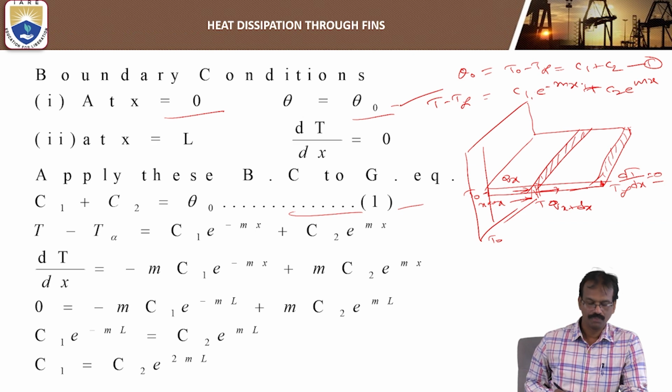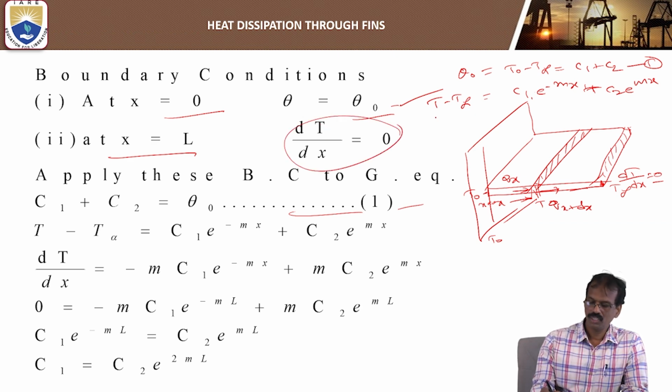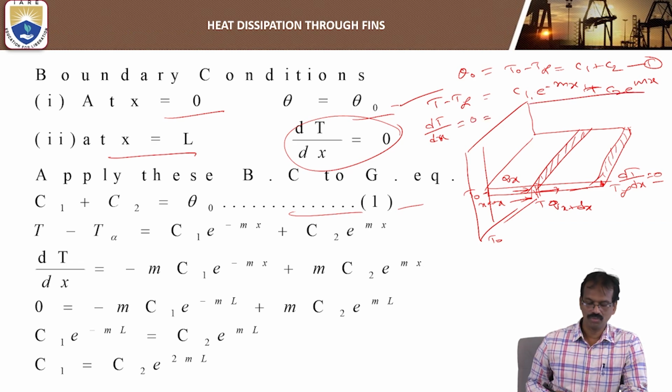So the second boundary condition: at x is equal to L, dT by dx is equal to 0. It means if you take the derivative with respect to x, then T infinity, that is constant, will be 0.